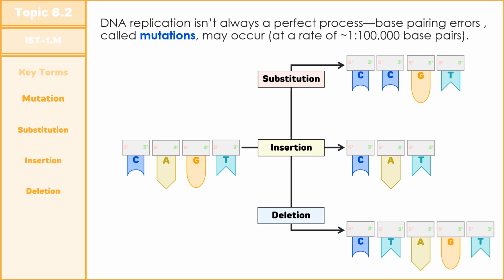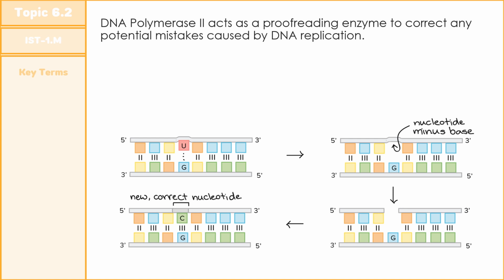So we have proofreading mechanisms to make sure that we experience as few mutations as possible, and that is where another DNA polymerase comes into play. DNA polymerase II is our proofreader.